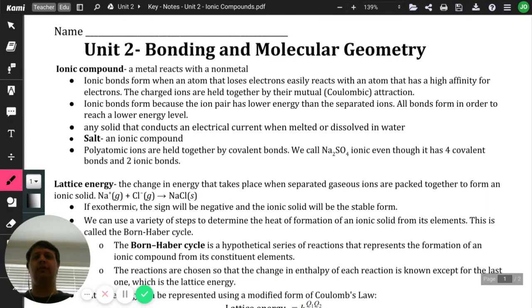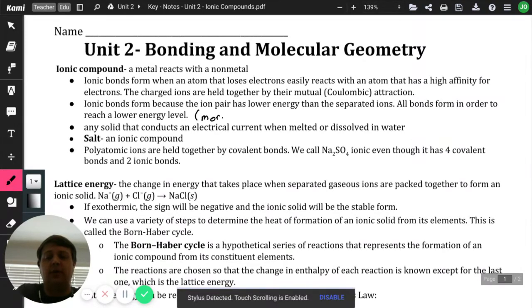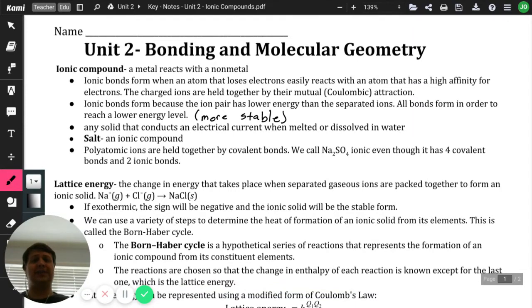What I do mean is they're trying to reach a point where they are more stable. So we're looking for these atoms to become more stable, and that's what we're seeing when these bonds form, right? They're trying to get that full valence shell, because at that point, those energy levels are more stable, which means it takes less energy to hold that all together.